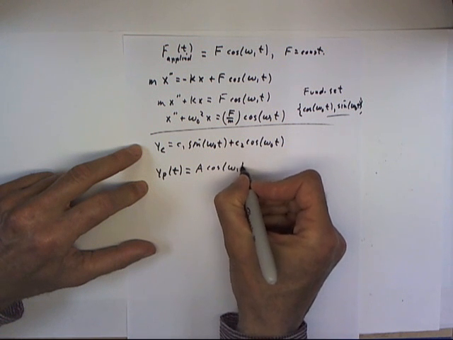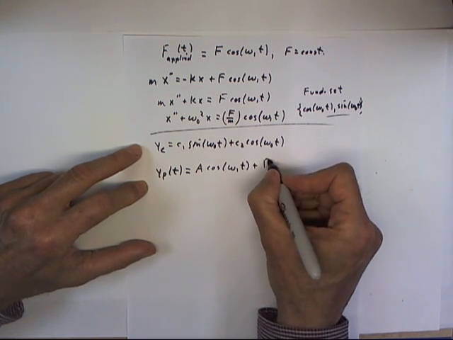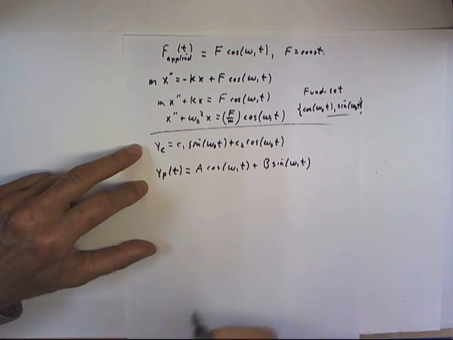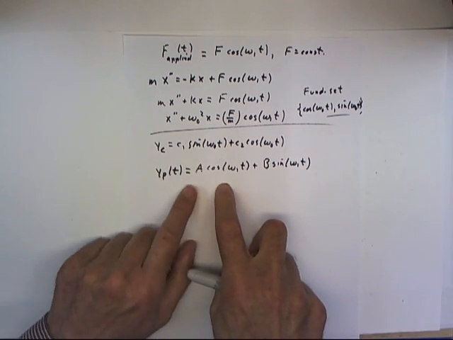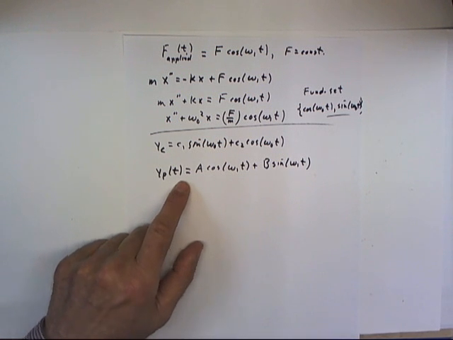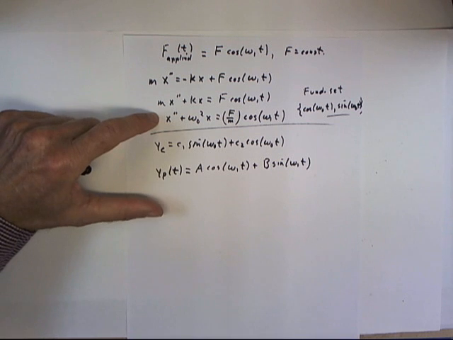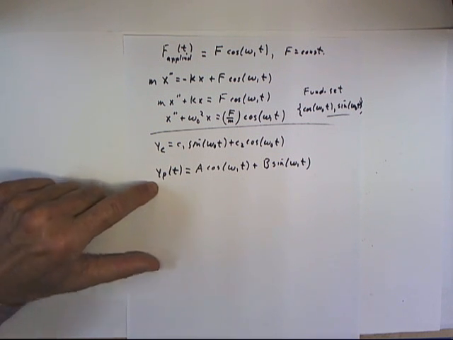cosine of omega 1 t plus b sine of omega 1 t, simply because we're combining derivatives of this function. I just noticed that I'm calling this function y here where I'm using x here, and I'll have to correct that in a second.